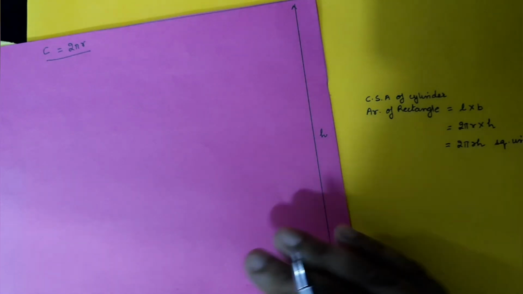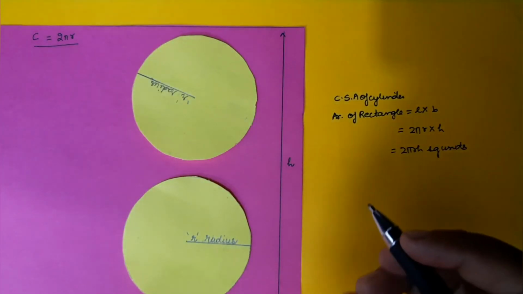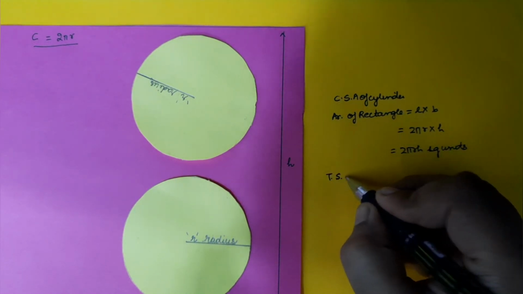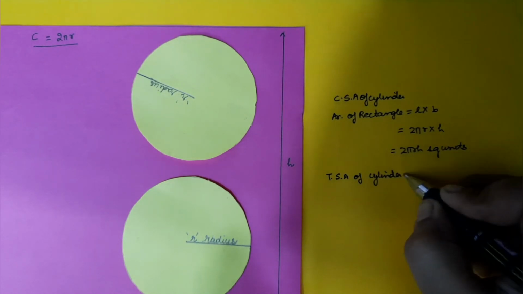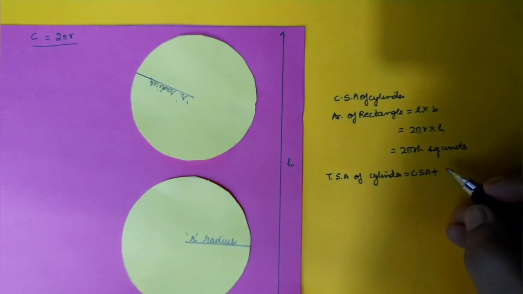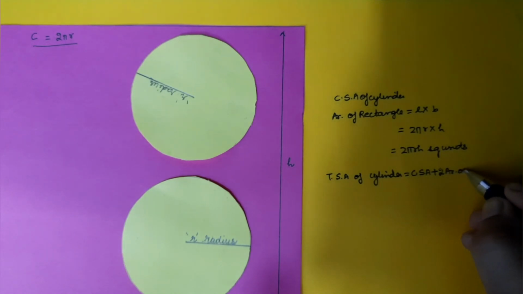Now once we have the curved surface area, we can actually talk about the total surface area. The total surface area of cylinder is same as the curved surface area, and we are supposed to add the area of these two circles, that is 2 times the area of circle.